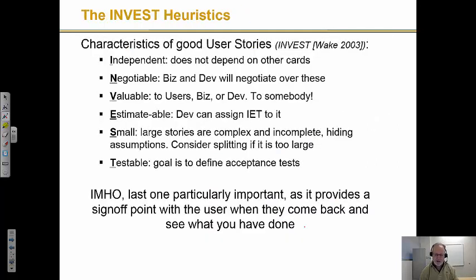E is for estimatable. If it's written in such a nebulous way that it doesn't conjure up what the actual need is, then the developer can't assign an estimate to it. Now you see the acronym there, IET, which stands for Idealized Estimated Time. We're going to talk more about estimation later in this course, but I think you should have seen this in the Personal Software Process.